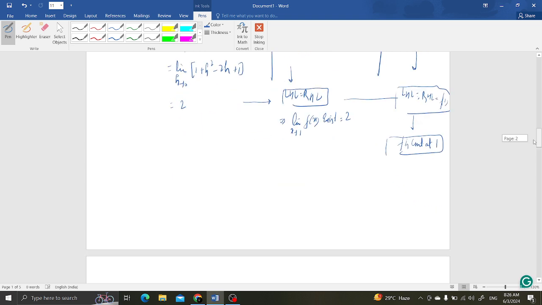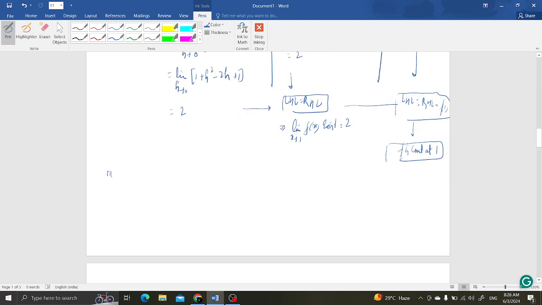Now we are moving towards the third part, that is if x is strictly greater than 1, for which the function is defined as x plus 1. Again we need to write the same thing. Again, f is a polynomial of degree 1, hence f is continuous on 1 to infinity.